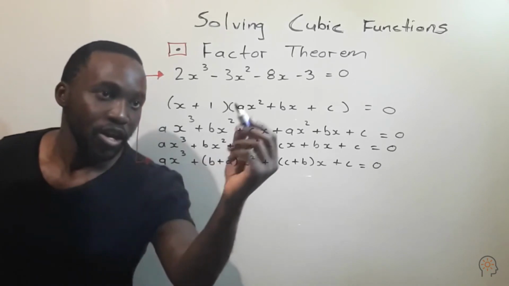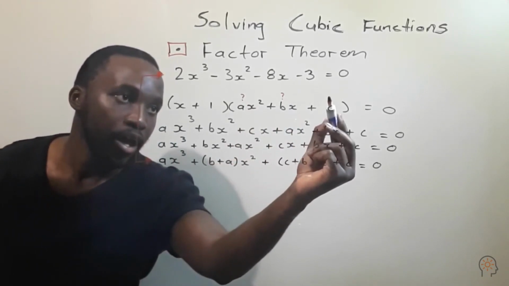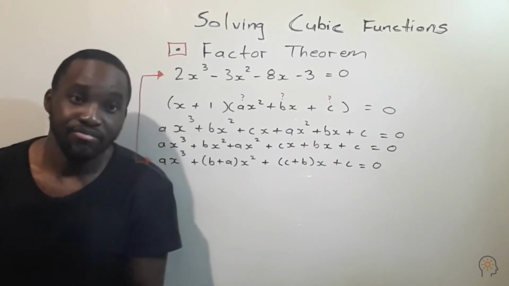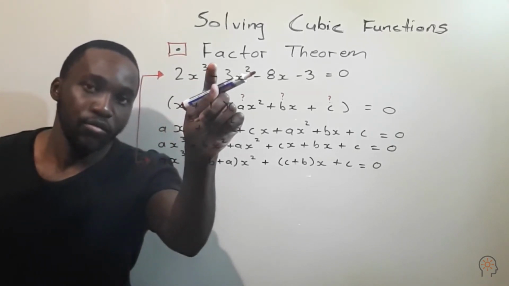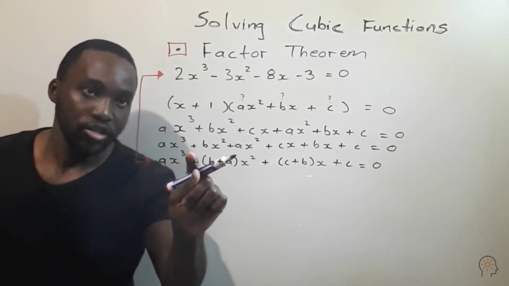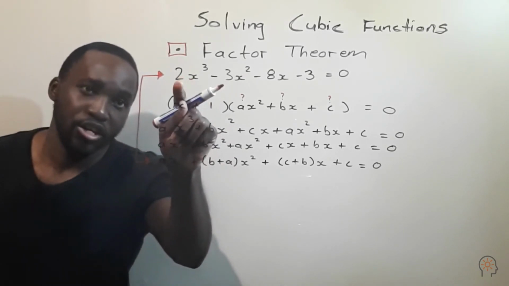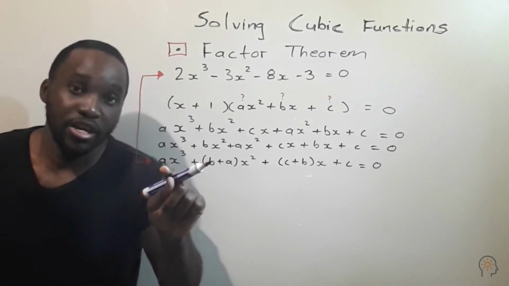So for us to get a value for A here, a value for B there, and a value for C there, all we need to do is just mix and match, literally. If you check, there's an x to the power of 3 here, and an x to the power of 3 there. Whatever the value in front of x to the power of 3, here we can see that it's a 2. So it basically shows us that A is a 2.